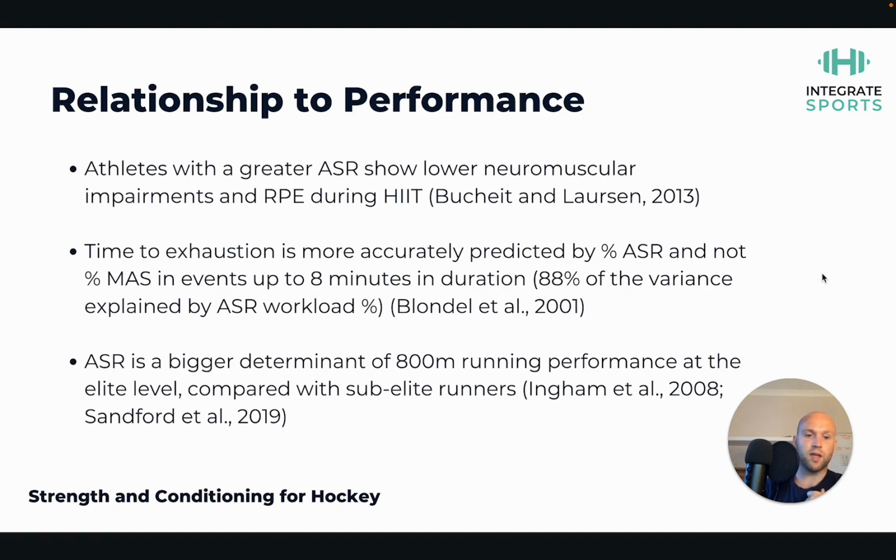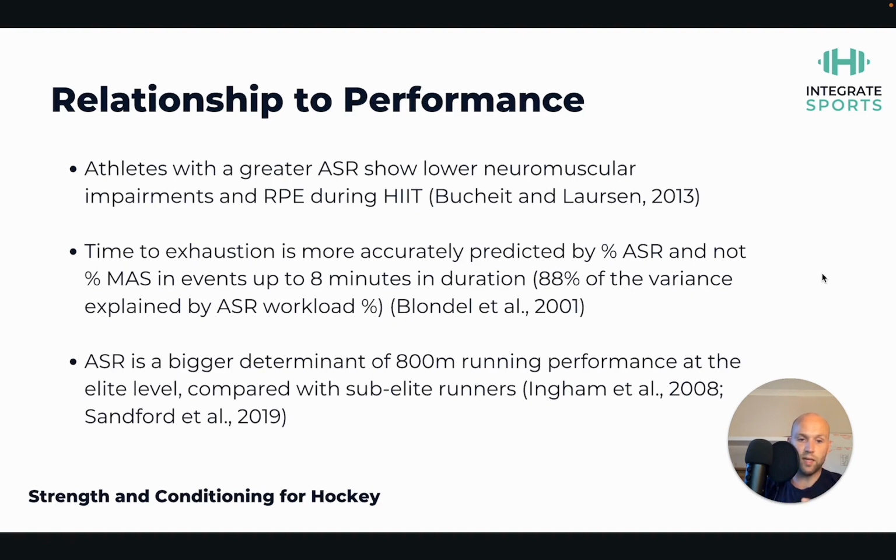So if we take things like fighting sports, combat sports, and interestingly hockey rotations, which typically last around 8 minutes, then actually anaerobic speed reserve accounts for potentially more of the variance in the performance there than mass alone. So if we're only assessing mass, we don't necessarily account for the thing which is the biggest determinant of performance in events up to 8 minutes.